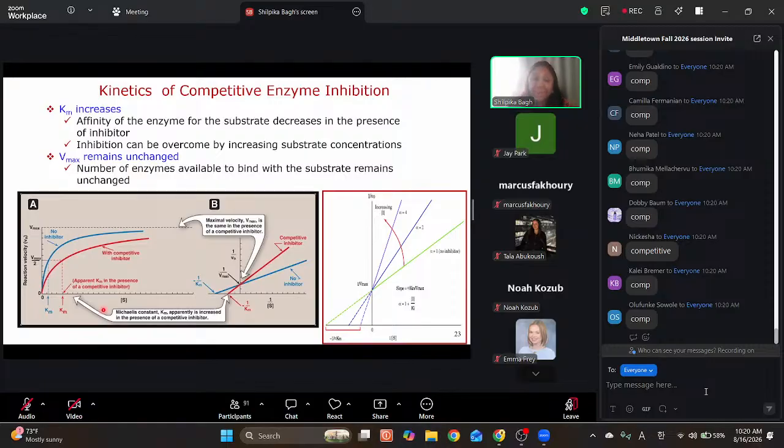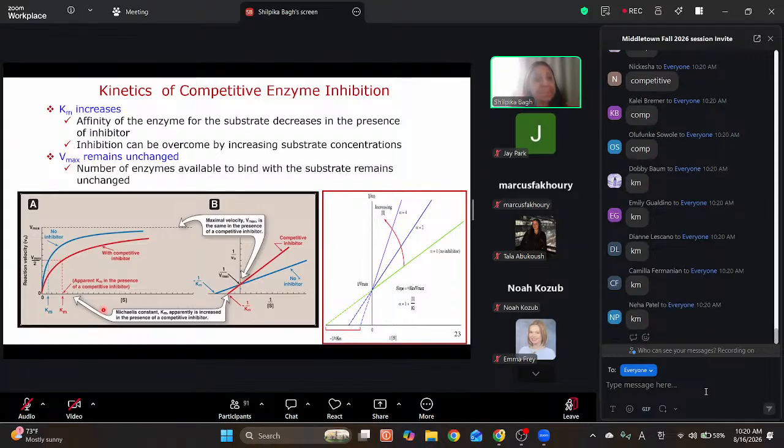If you want to understand why Km is increased in competitive inhibition: number one, the affinity of the enzyme for substrate decreases in the presence of a competitive inhibitor because they compete for the same site. So when the affinity is decreased, what is increased? Km.